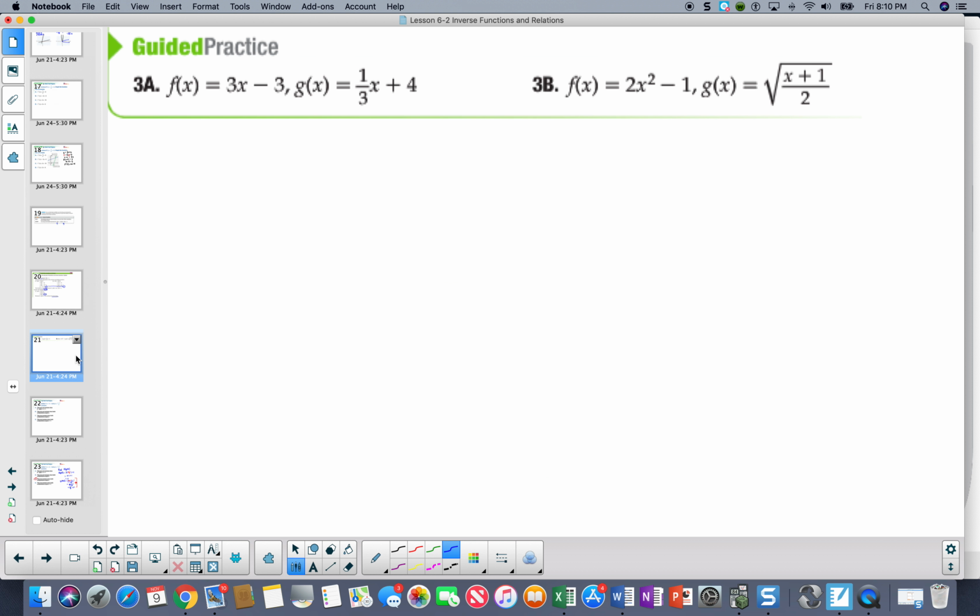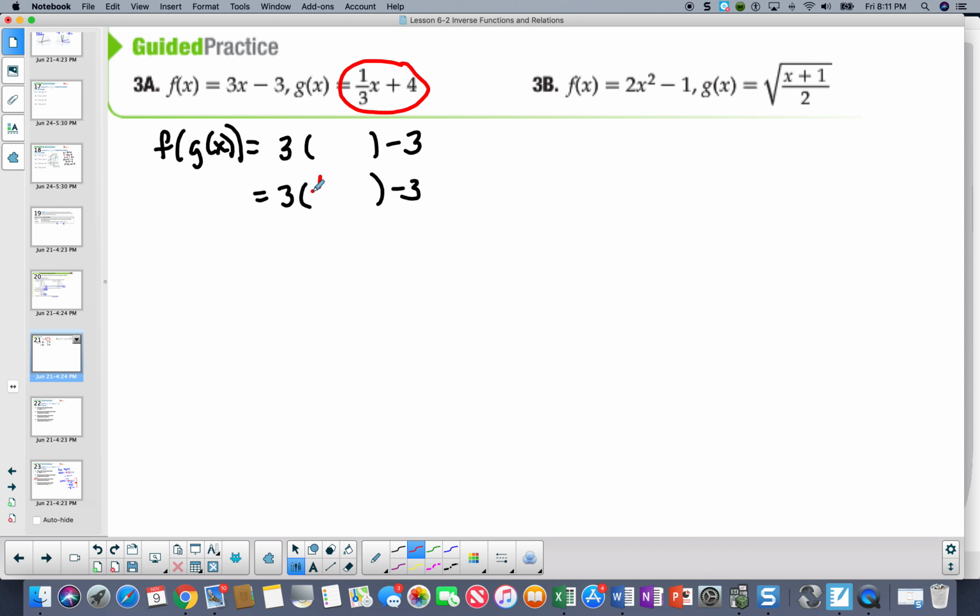All right, let me do things from scratch now. I want to find out if these are inverses, so I'm going to try to find f of g of x first, and I'm going to write out my f, 3 parentheses minus 3. So what goes in parentheses is my g. So this is what's going to go in there. It's going to be 1/3 x plus 4.